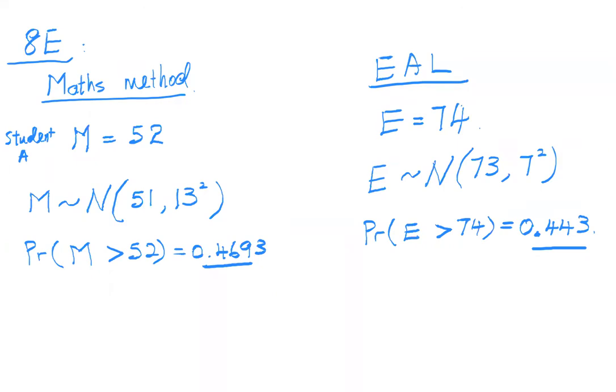For EAL, 44.3% of students perform better than student A, so student A performs slightly better in EAL than in maths, because the percentage of people performing better than him is less in EAL. But if you look at the raw score, it's way above, am I right?